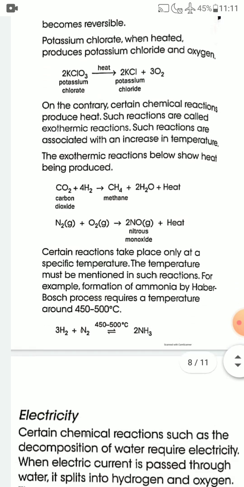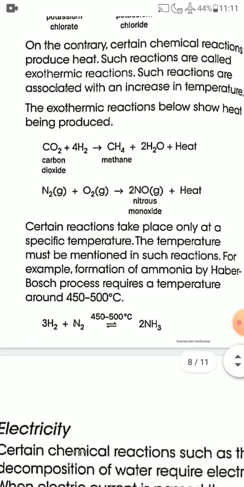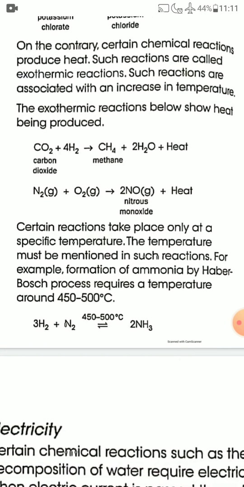And certain chemical reactions produce heat, and such chemical reactions are called exothermic reactions. So exothermic reactions are those chemical reactions which produce heat.